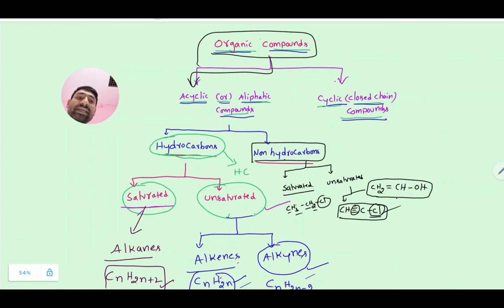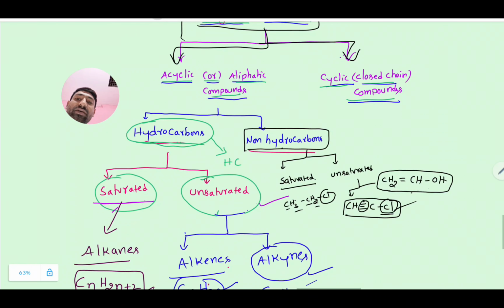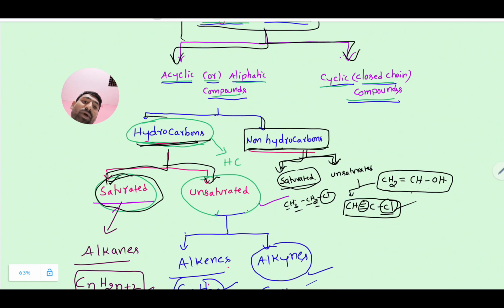Now, I think you understand that organic compounds are divided into two categories, acyclic and cyclic. Acyclic is again divided into hydrocarbons and non-hydrocarbons. Hydrocarbons are divided into saturated and unsaturated. Non-hydrocarbons are also divided into saturated and unsaturated. Saturated means with only single bonds.